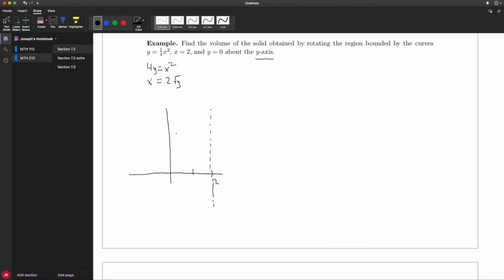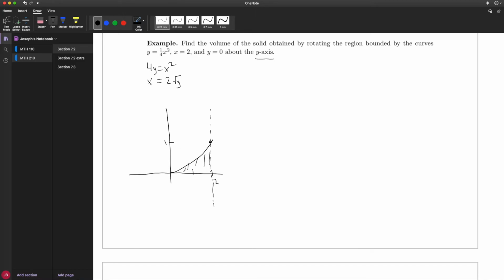And now this function, I think we saw, if we scroll back a little bit, so look back in your notes, we found that at y equals 1, we had an x value of 2. And remember, it made something like a parabola shape. So really, the region that we're rotating is not this stuff in here, but rather this stuff right in here.